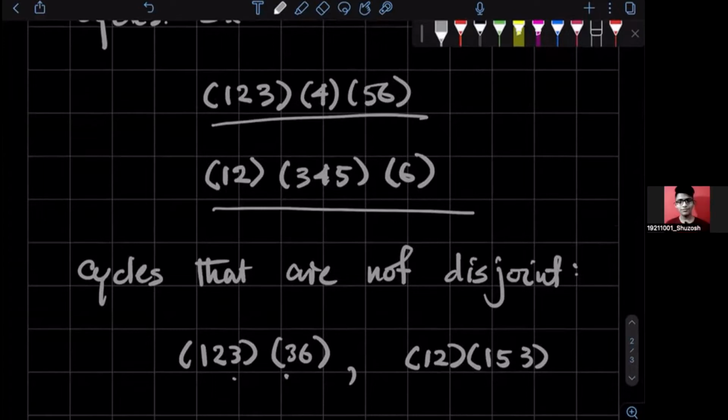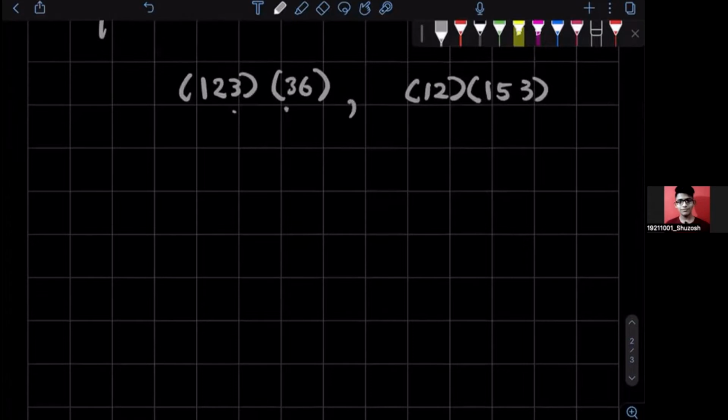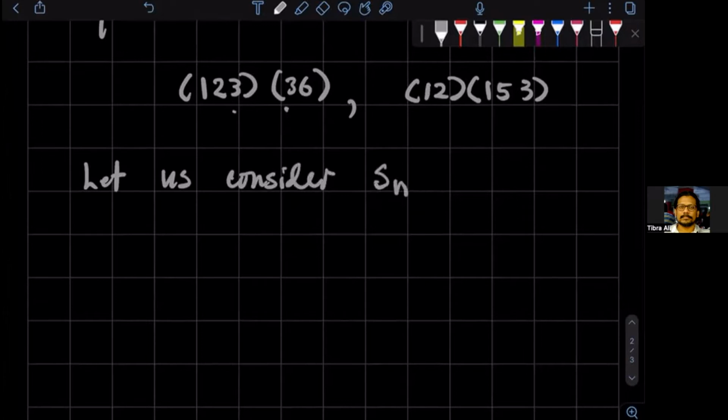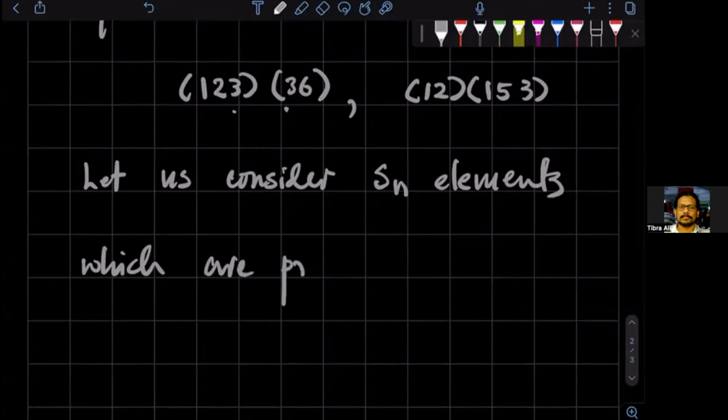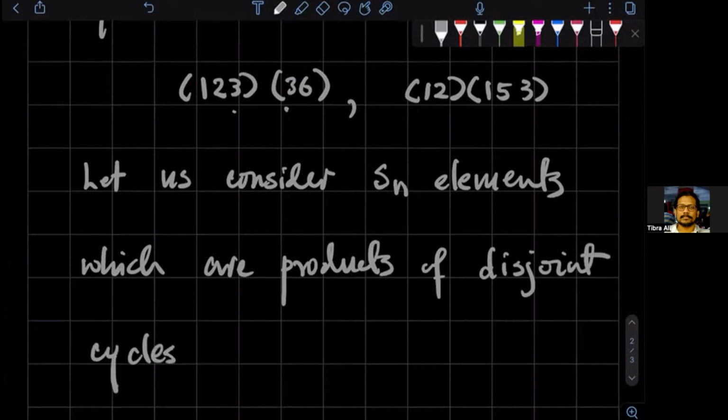Yes, sir. Okay, so let us consider Sn elements which are products of disjoint cycles, that is, non-overlapping cycles, and let's call these pi cycles. So each cycle has length pi.